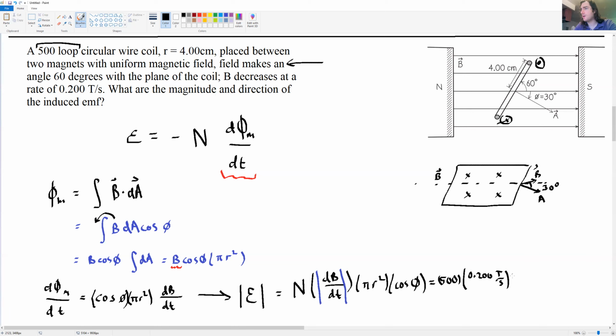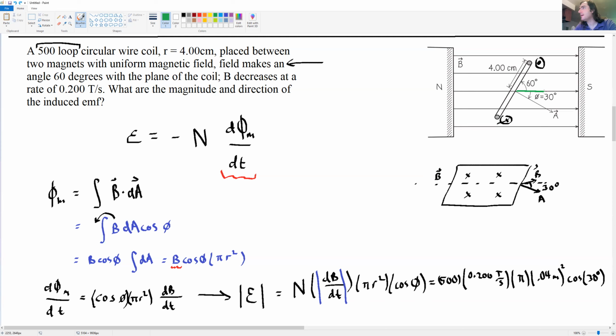We have the pi r squared, so pi times 4 centimeters, which is 0.04 meters, squared. And then cosine of 30 degrees here. It's got to be that 30-degree angle because if we look right here, I usually do green for magnetic field, so let's do green.